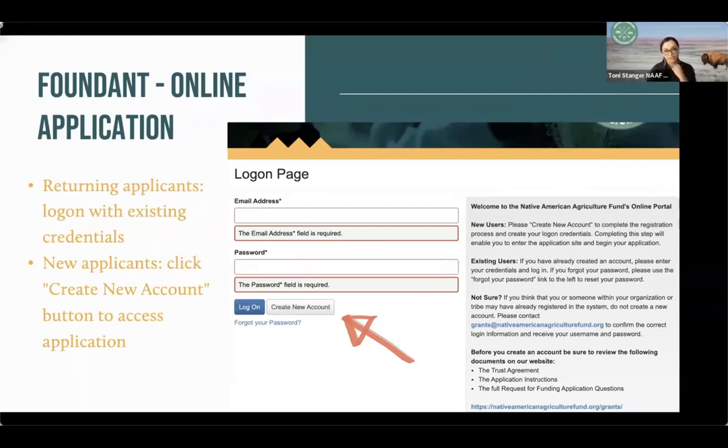The other thing is if you can't remember your password after you've been in the system, you can do the forgot password, and you don't necessarily need us for that, but we can help you through that. It's a pretty simple process. You do the forgot password, and you'll get a link to the email that you provided as your initial email address and username.